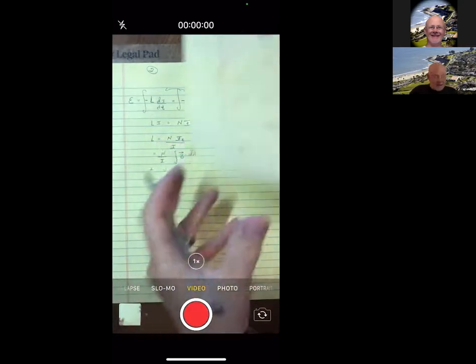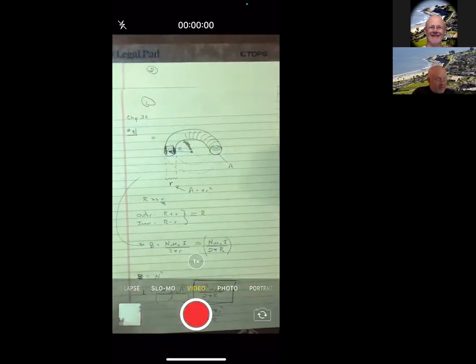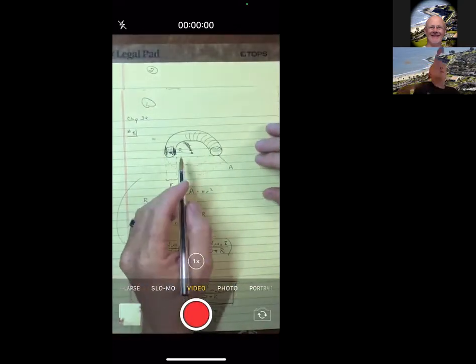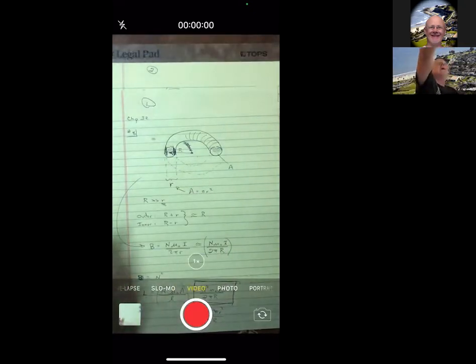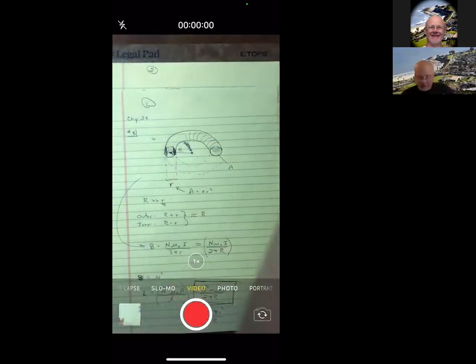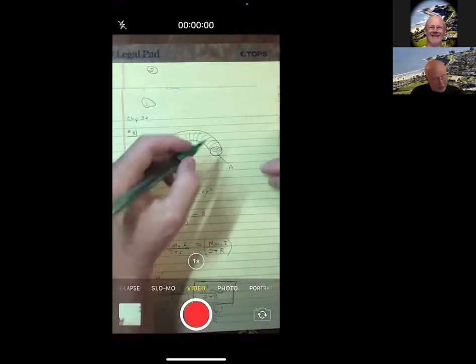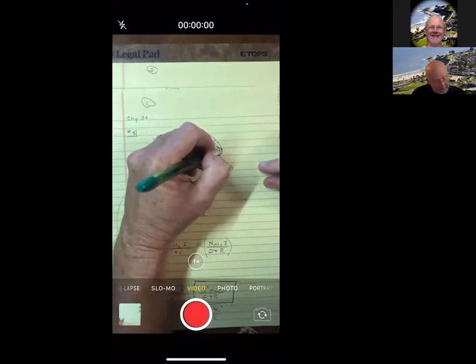Let's come back to page 1 in the picture. The flux, or maybe a different color. I like to do magnetic flux for some reason in green, so let me go with green here.